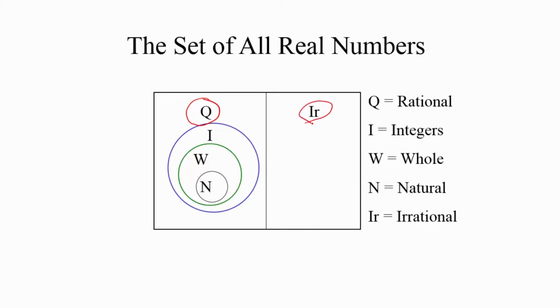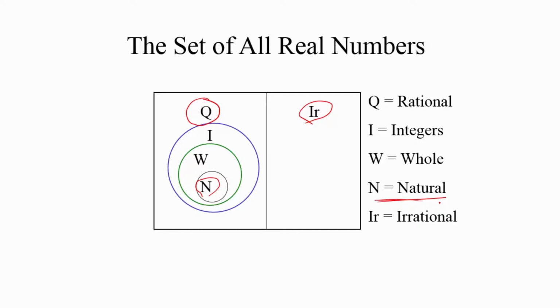Under rational numbers, the smallest subset is called natural numbers. Natural numbers are whole numbers 1, 2, 3, 4, 5, 6, all the way to plus infinity. So all the positive whole numbers, starting from 1 going to infinity, are called natural numbers.